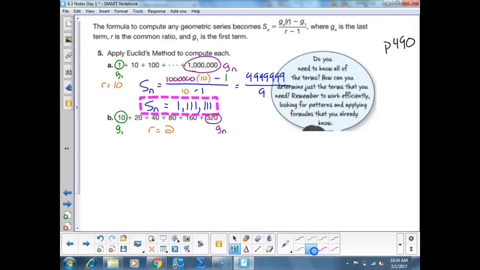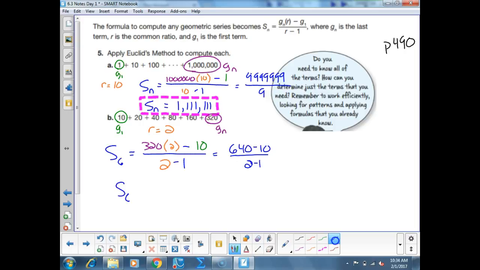So the sum here of the first 6 terms, because I know that there's 6 terms, is G sub n, 320, times 2 minus 10 all over 2 minus 1. 320 times 2 is 640. 640 minus 10 is 630. 2 minus 1 is 1.